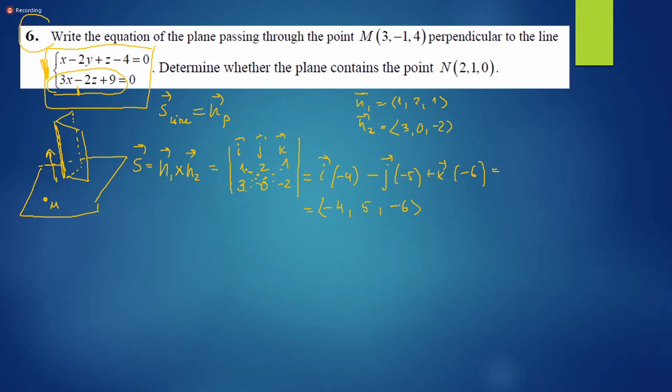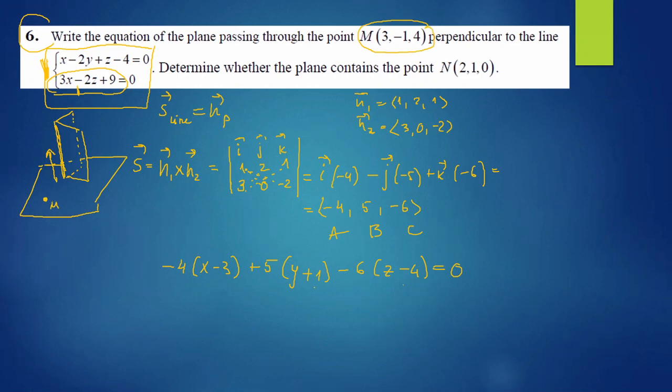So we can now write minus 4 times (x minus 3) plus 5 times (y plus 1) minus 6 times (z minus 4) equals 0. So 3, minus 1, 4 are the coordinates, of course, of the point M. And minus 4, 5, minus 6 are the coordinates of the normal vector, which just happens to be the direction vector of this line.